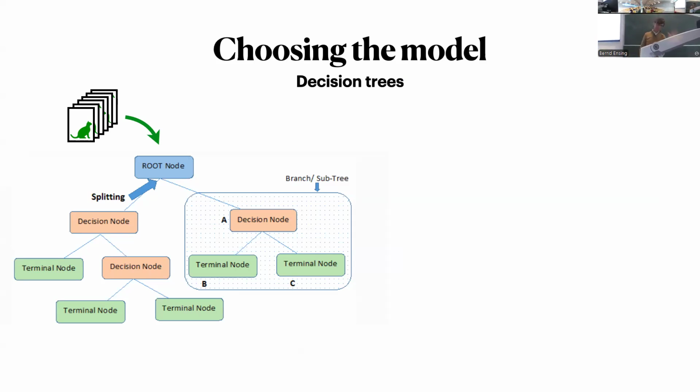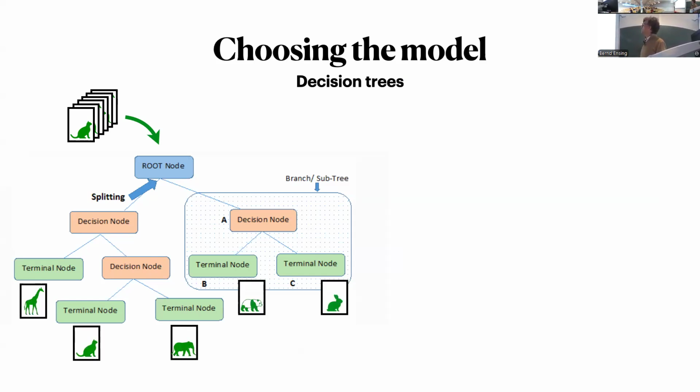And then at the end it tells you, okay, you should vote for this or that party. So some data goes in at the top. It's a tree upside down. So the root is on top and then the leaves, the green stuff, are on the bottom, which are the different decisions that come out. And these things are called trees with branches, etc.